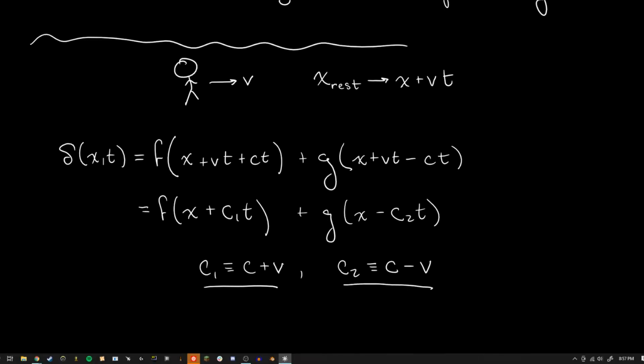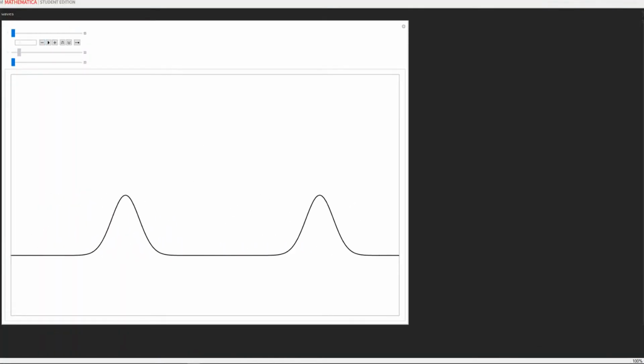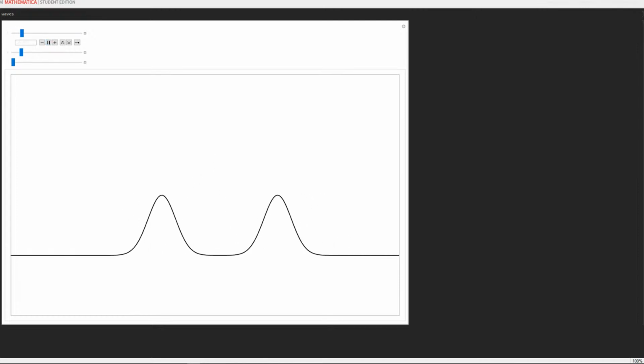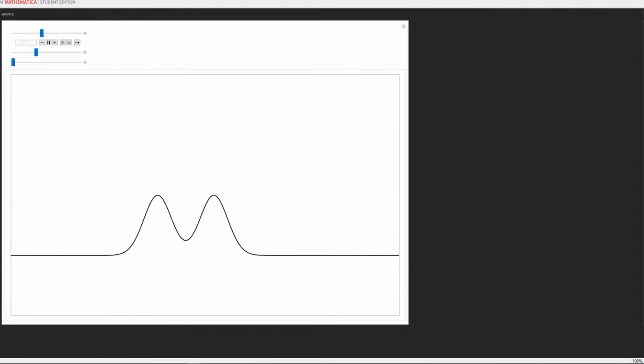So again, just to show that, I'll go ahead and shift my velocity up. Oh, that's probably a little too much. So you see that I'll see one wave moving slowly forward. This is me moving to the right with some velocity.